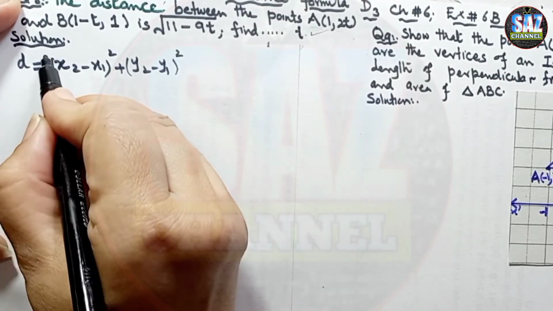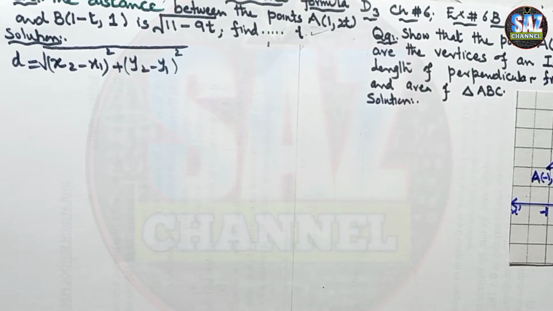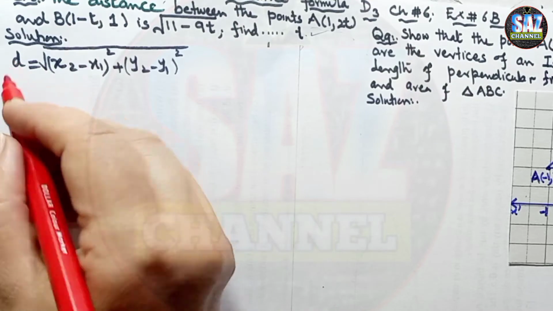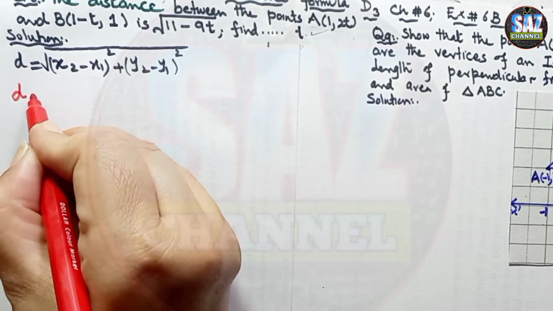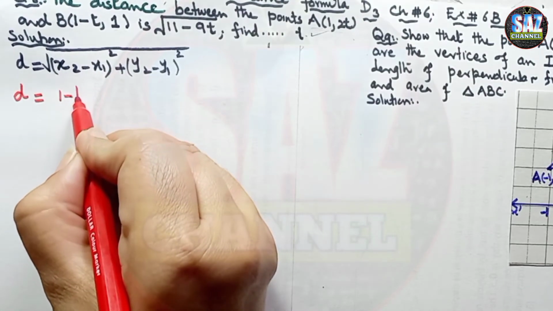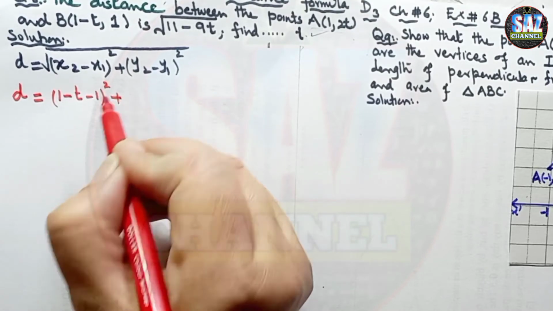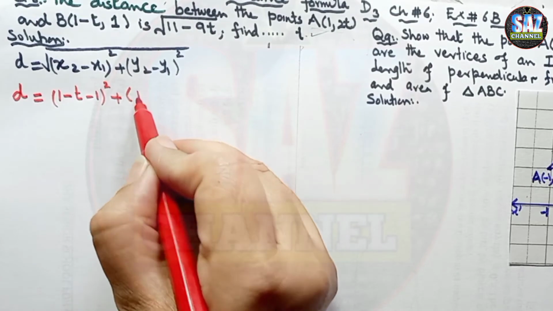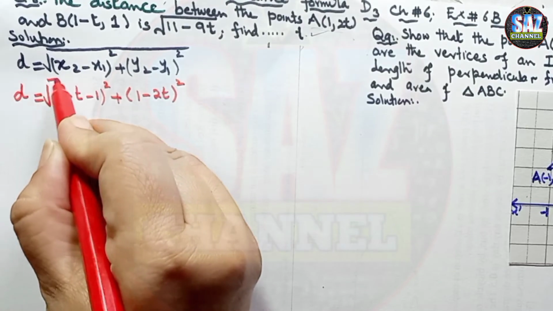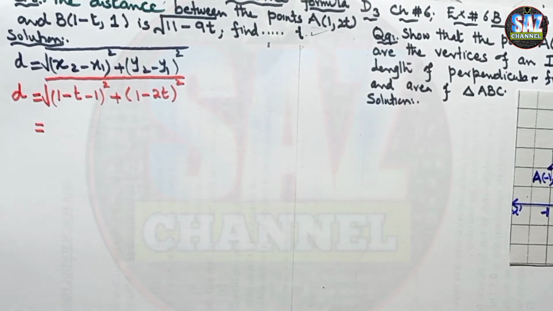So if we look at the points given to us, the distance AB will take the form, this is the second point, so (1 minus t minus 1) whole square plus y2, which is (1 minus 2t) whole square. Always focus on the formula and support your working with the formula so that the examiner can understand your working easily.